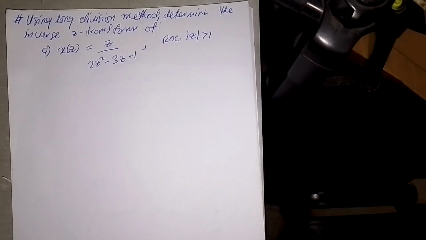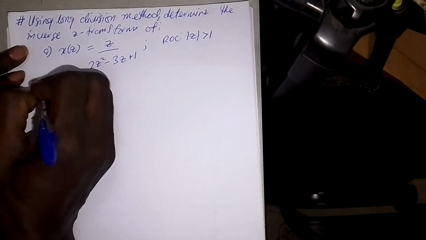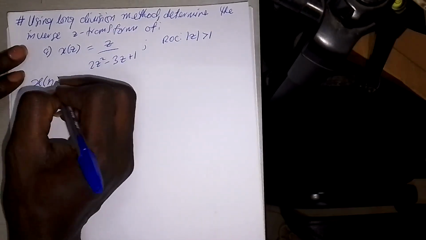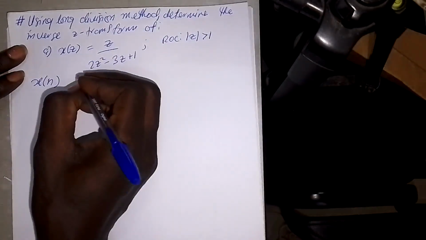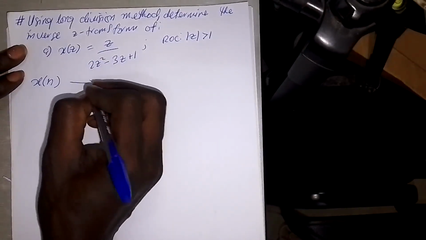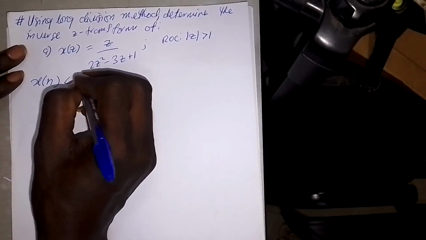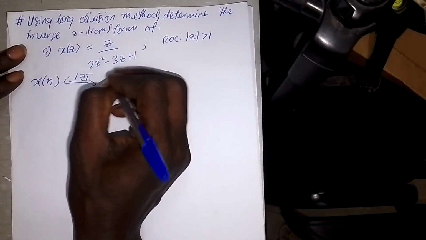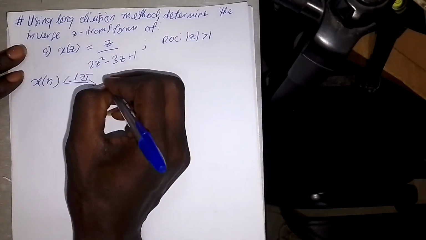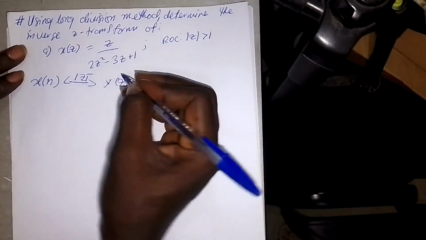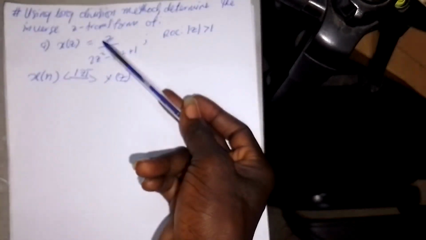So let's take a look at this particular question that we have here. We are supposed to determine the x of n for this particular z transform. So we must use the inverse z transform to determine the x of n from the x of z.